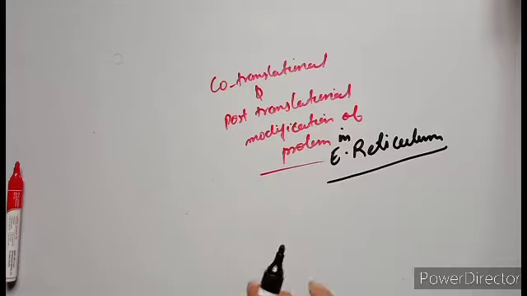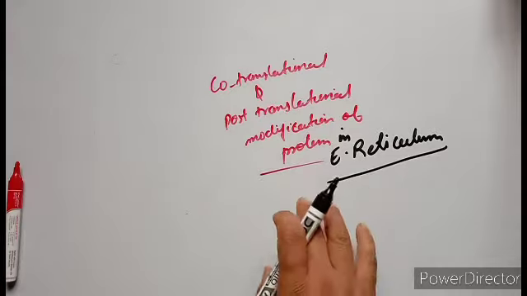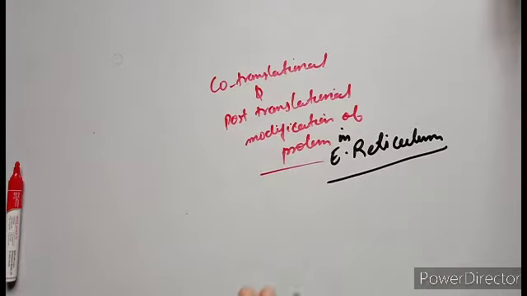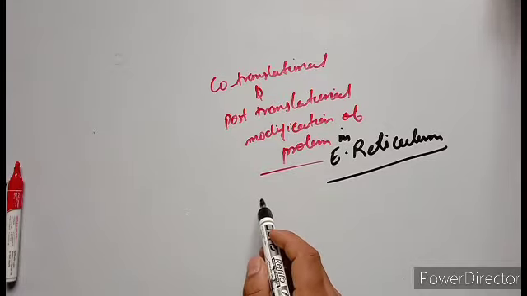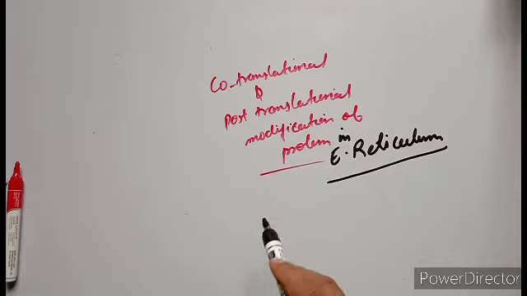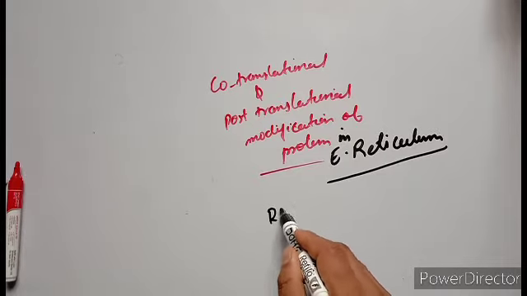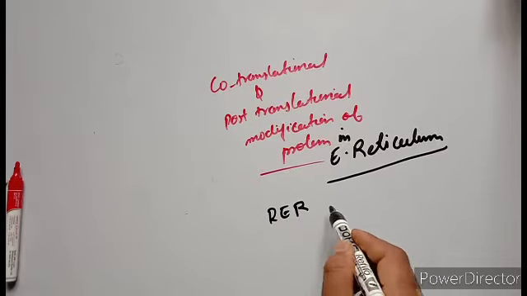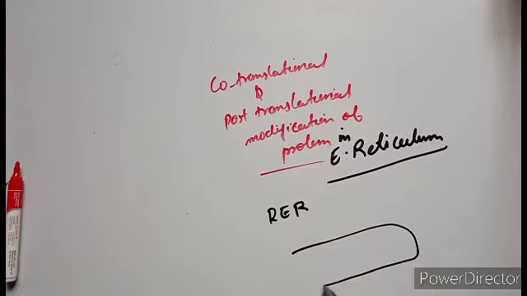So we are only going to discuss the translational modification in the endoplasmic reticulum. In the endoplasmic reticulum, we have seen the protein synthesized by ribosomes associated with the membrane of the rough endoplasmic reticulum enter into the lumen of the endoplasmic reticulum.